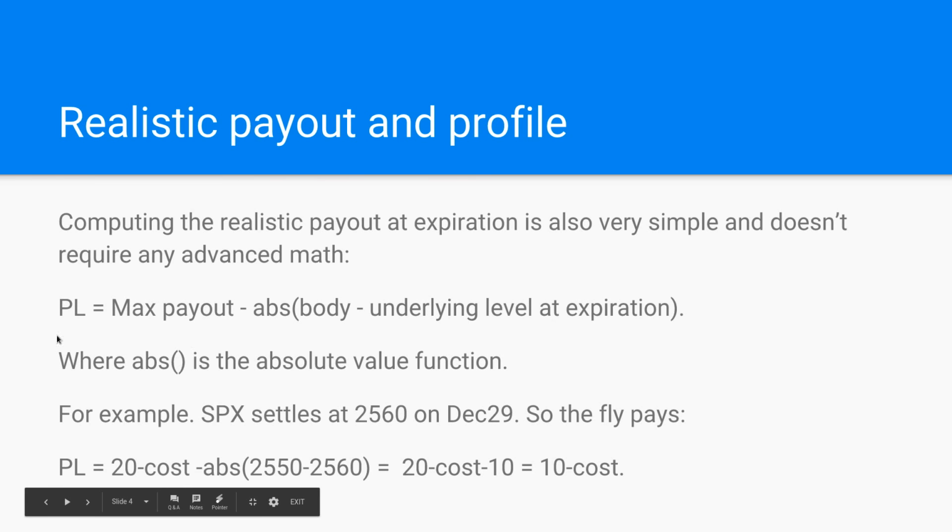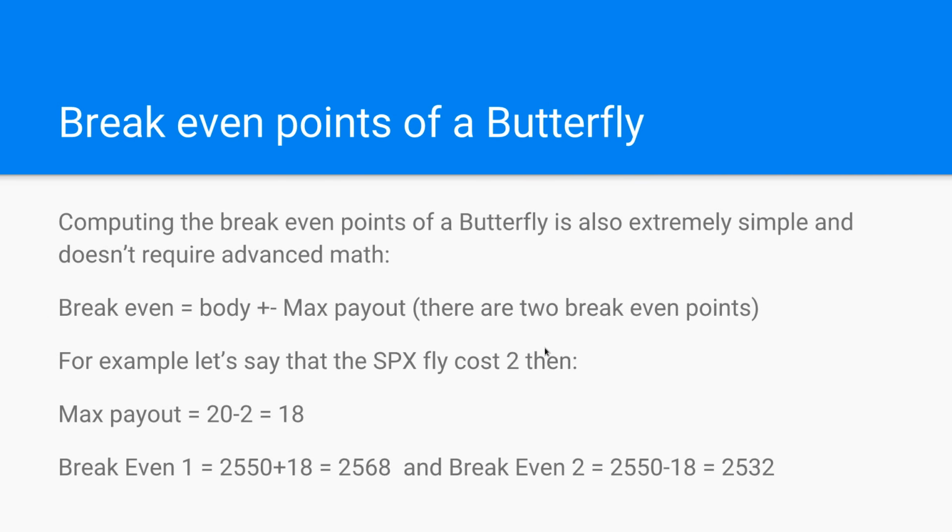And from this formula, it's easy to compute break-even points too. So let's look at the break-even points of the butterfly. Again, you don't need any advanced math. For the butterfly, the break-even points: you just take the body and add and subtract the max payout. You have 2 break-even points. The butterfly is very peculiar. It's a position that will break even at 2 different levels.